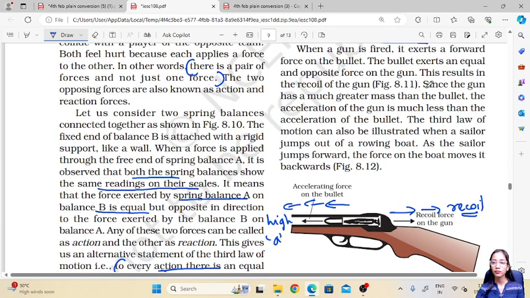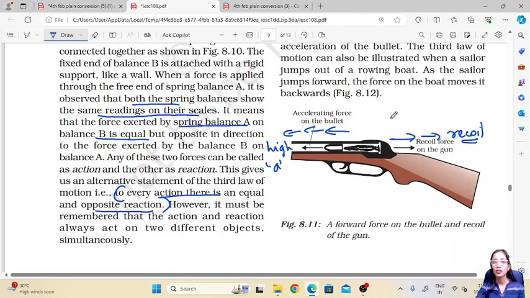The acceleration of the gun is much less than the bullet. Equal and opposite forces are applied, but depending upon the mass of the object, the acceleration differs. So this is the third law of motion.